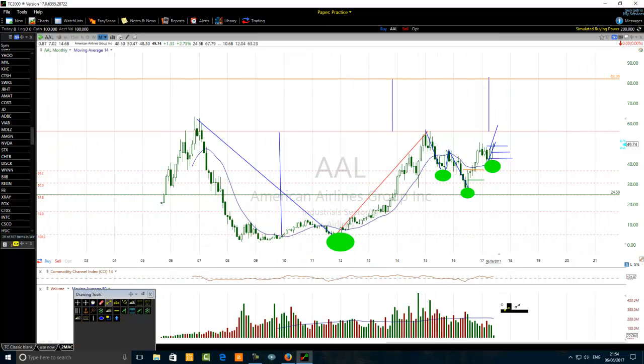So one thing you need to check for a cup and handle is that when the handle is being formed, we want the volume to be going down. Here it is going down at the time the handle is being formed. This is a good sign. There's no demand to sell as such. We don't want the volume to increase while the handle is being formed. This is a good sign on the monthly chart.